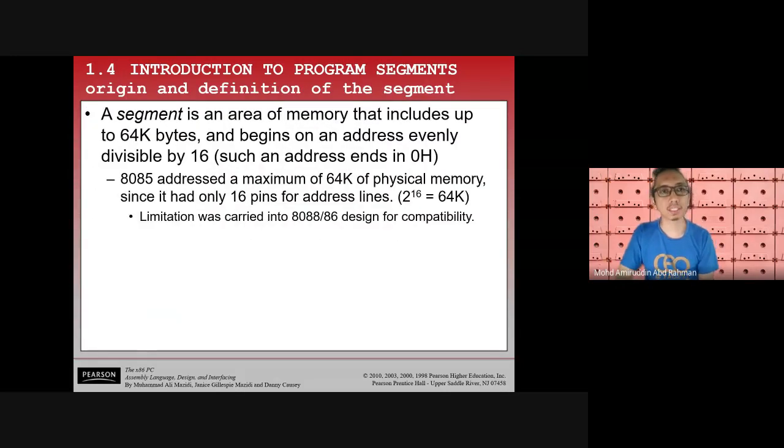Okay, a segment is an area of memory that includes up to 64 kilobytes and begins on an address evenly divisible by 16, such as an address that ends in 0H. The 8085 processor addressed a maximum of 64K of physical memory since it had only 16 pins for address lines. So this is like the address bus.